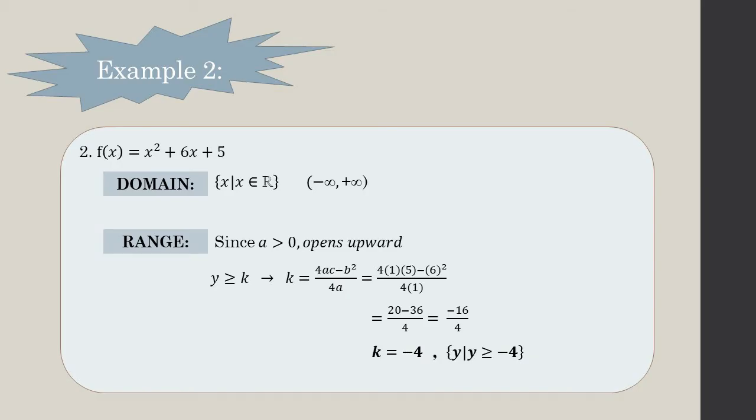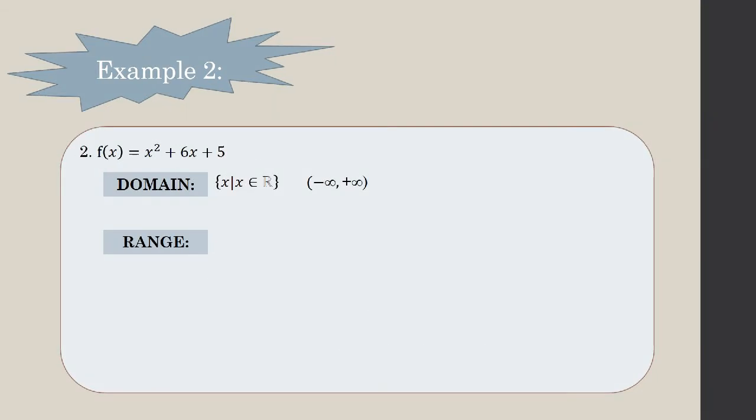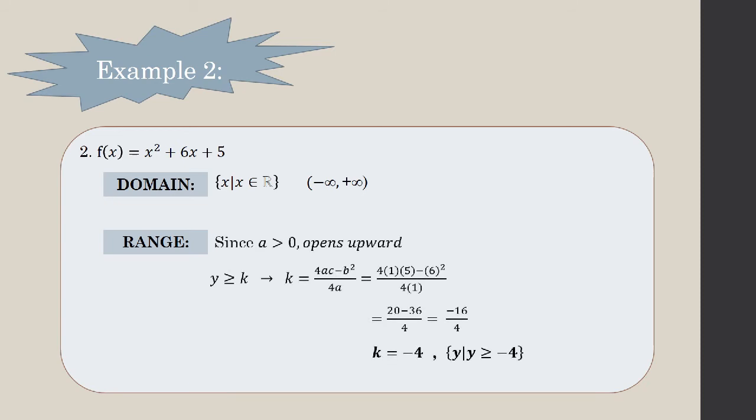For the next function, the domain is still x such that x is an element of all real numbers, or from negative infinity to positive infinity. Now for the range, it gives us y such that y is greater than or equal to negative 4.